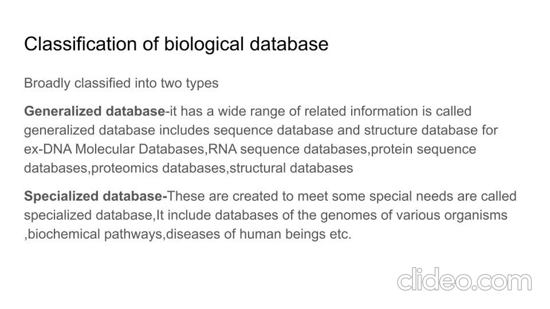Number two is specialized database. These are created to meet some special needs and are called specialized databases. They include databases of the genomics of various organisms, biochemical pathways, diseases of human beings, etc.